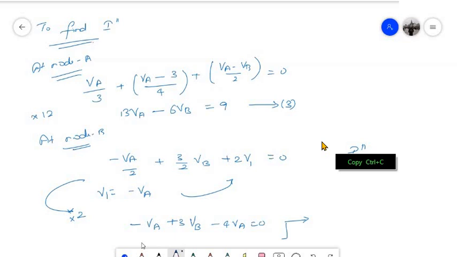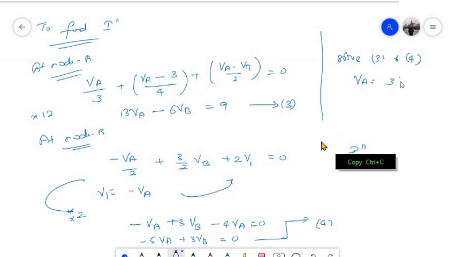We're getting minus 5 VA plus 3 times VB is equal to 0. Take it as the fourth equation. Then you can solve equation number 3 and 4. While solving, you will be getting both VA and VB, but we are interested in only VA because VA is sufficient to find I double dash. VA is equal to 3 volt.